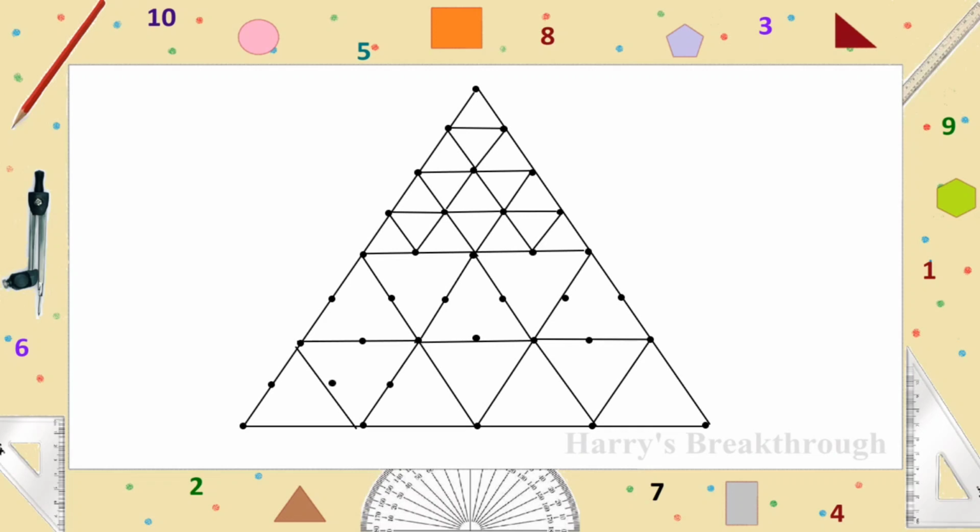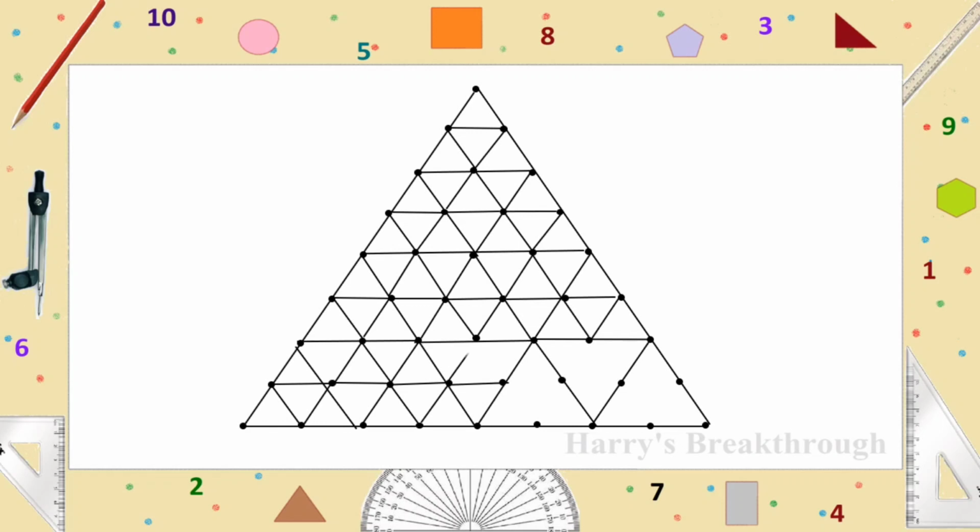Mark the midpoints of each side, then join these points. Like this, we have divided all of the small triangles again into small triangles.